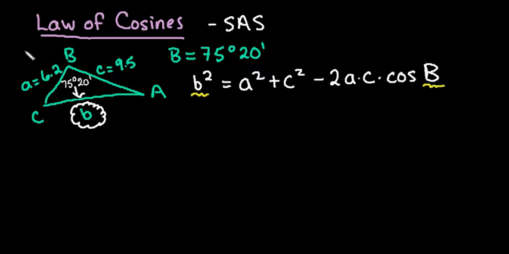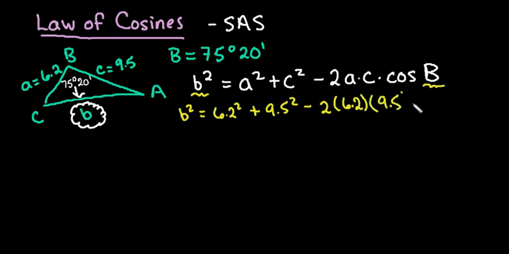All right, so what we're going to do is just plug in the values that we have. We would say that b squared is equal to 6.2 squared plus 9.5 squared minus 2 times 6.2 times 9.5 times cosine of 75 degrees 20 minutes.